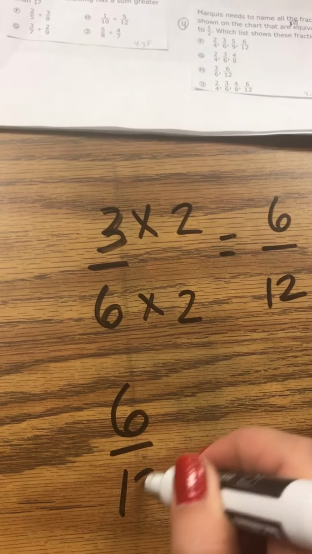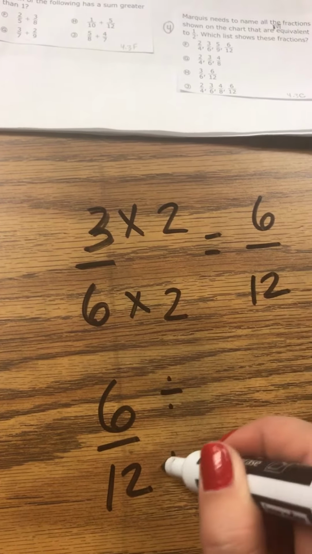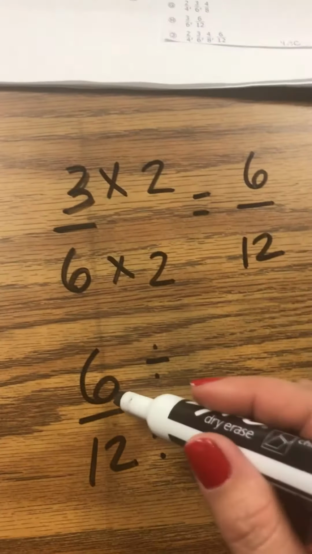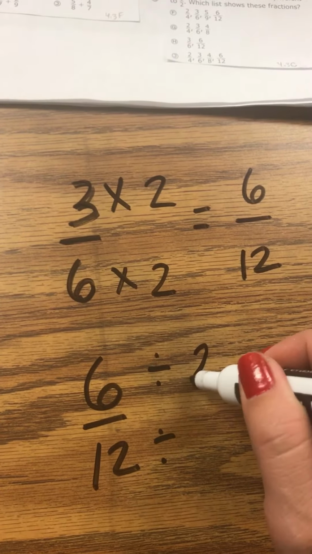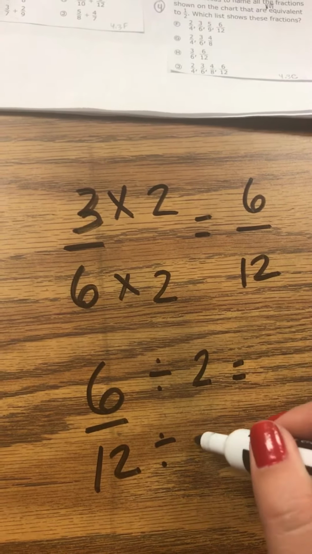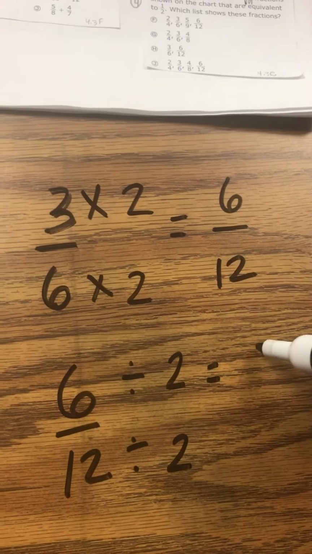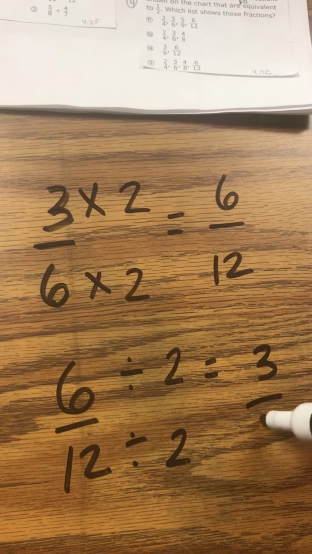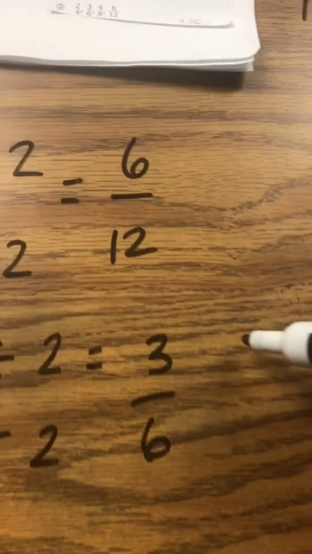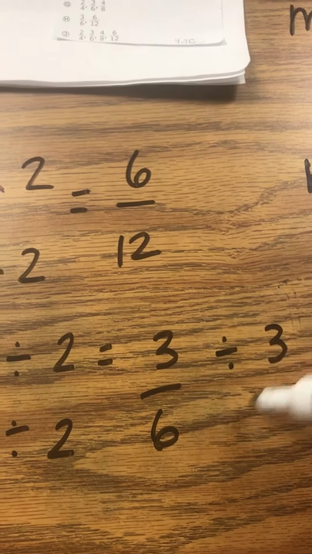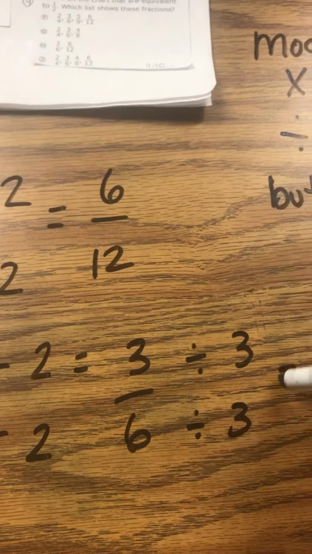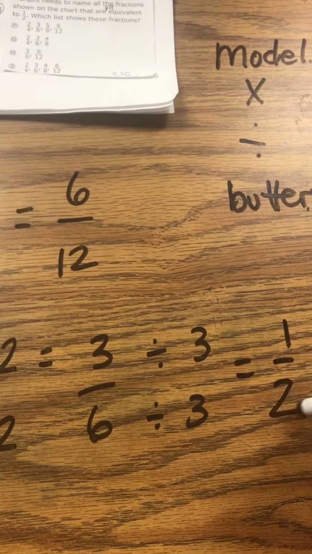I could take 6/12 and use division to generate an equivalent fraction. So I could take 6 and divide it by 2, and 12 and divide it by 2, and get the equivalent fraction of 3/6. I could take 3/6 and divide the 3 by 3 and the 6 by 3 and generate an equivalent fraction of 1/2.